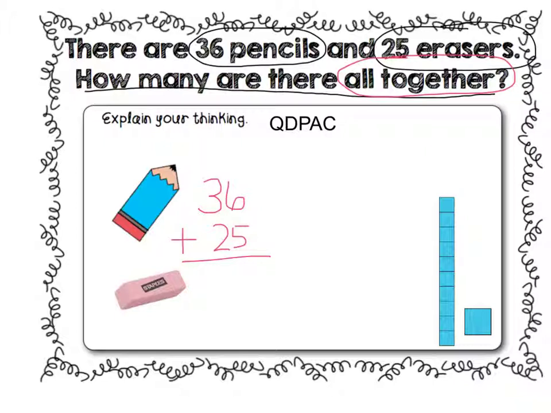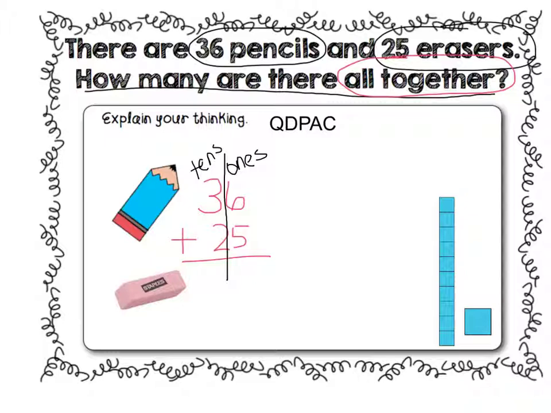Sometimes I like to draw a line in the middle so that I know this is my ones place and this is my tens place, just to keep me in check.